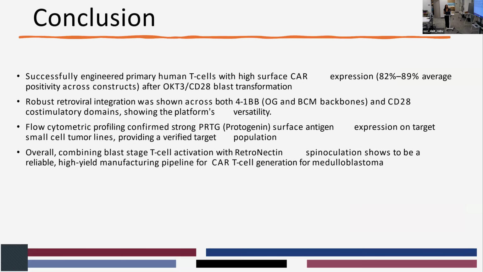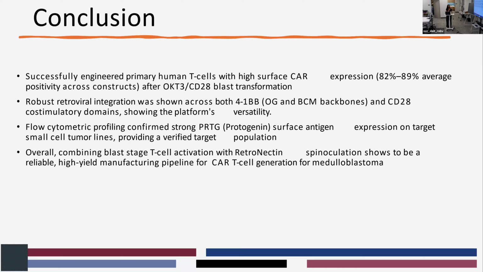So we were able to successfully engineer primary human T cells with high surface CAR expression after the OKT3 and CD28 blast transformation. There was robust retroviral integration shown across both 4-1BB and CD28 costimulatory domains, showing the platform's versatility.